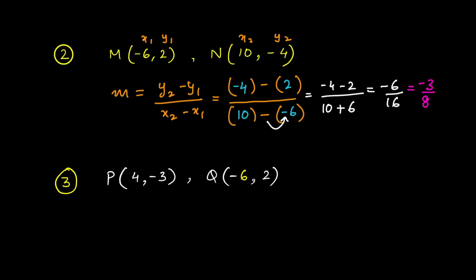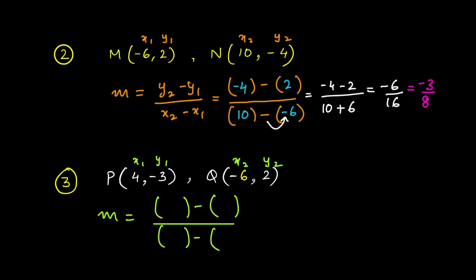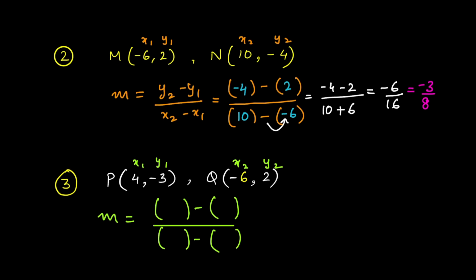So this is the slope. Now coming to the example 3. So we have the 2 points, we mark one as x1 y1, other one as x2 y2. Then we write the formula. So like the way I said, always put the brackets so that whenever there is something negative, the mistake will not be there once you write the numbers there. So y2 is 2, y1 is minus 3, x2 is minus 6 and x1 is 4. So we calculate it now.